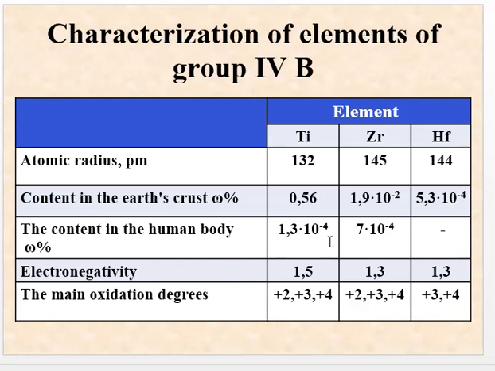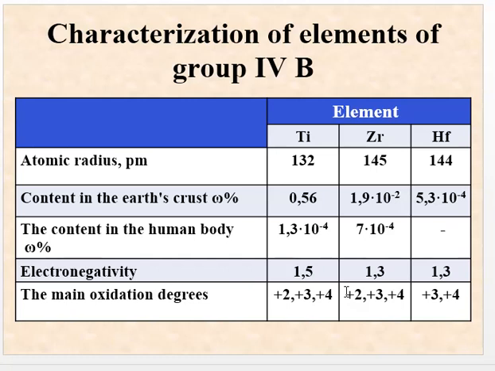But in the human body we have titanium and zirconium, but they are, as you know, micro elements, and we have a very little quantity of these compounds in our body. But about hafnium, you can see this cell is empty. It means that we don't have hafnium in our body.